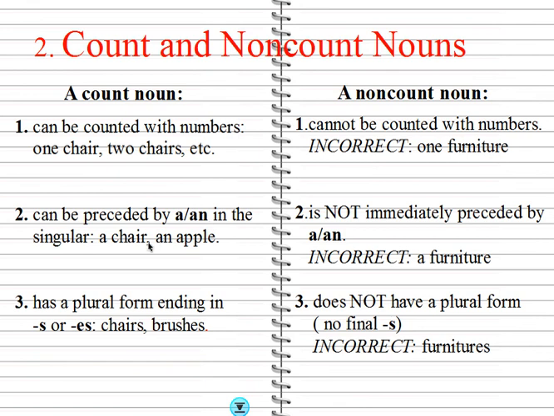A count noun can be preceded by the article a or an in the singular, like a chair, an apple, while a non-count noun is not immediately preceded by the article a or an, and it's incorrect to say a furniture. A count noun has a plural form ending in s or es, example, chairs, brushes, while a non-count noun does not have a plural form, no final s, and it's incorrect to say furnitures.